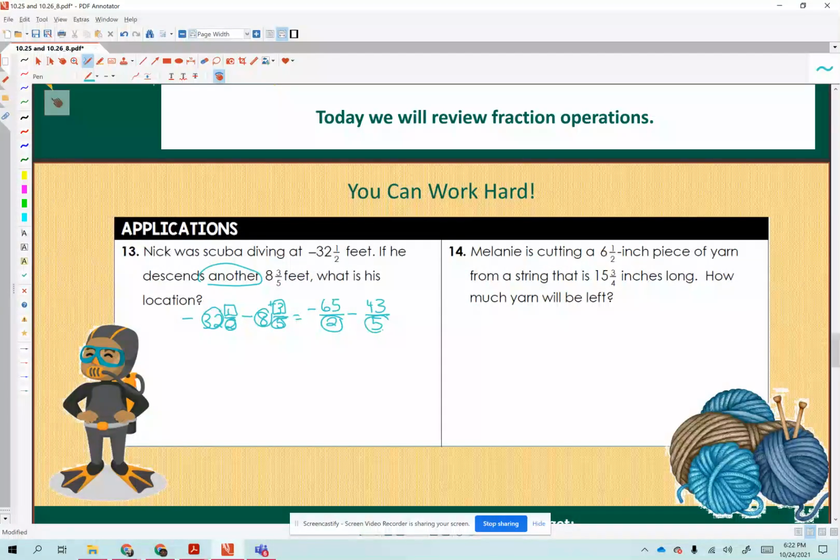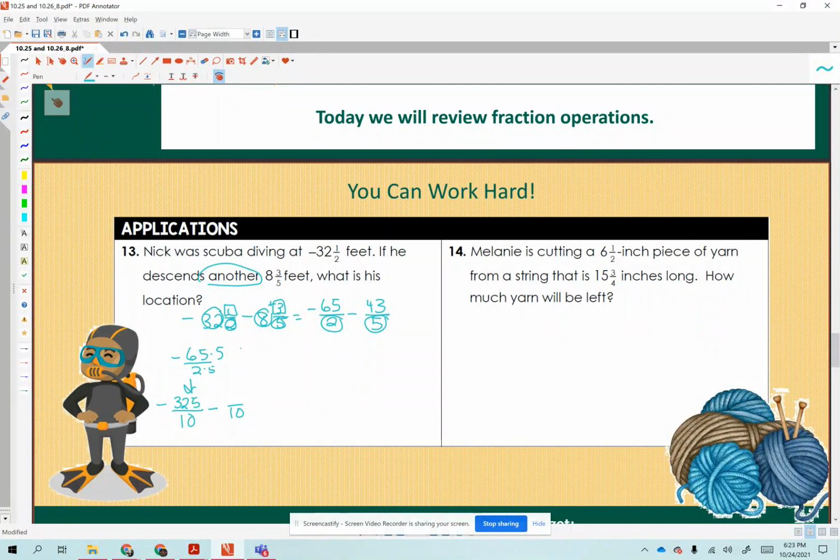So we have a 2 and a 5, and I know that the least common multiple of 2 and 5 is 10. So our negative 65 over 2, we can convert that to 2 times 5 is 10, 65 times 5 is negative 325.